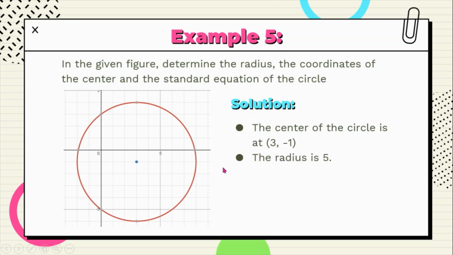The radius is 5, that is 1, 2, 3, 4, 5 units. And given the center (3, -1) and radius 5, the standard equation of this figure is (x minus 3) squared plus (y plus 1) squared is equal to 25.